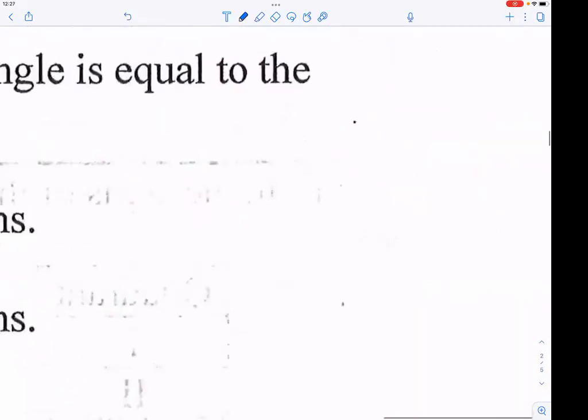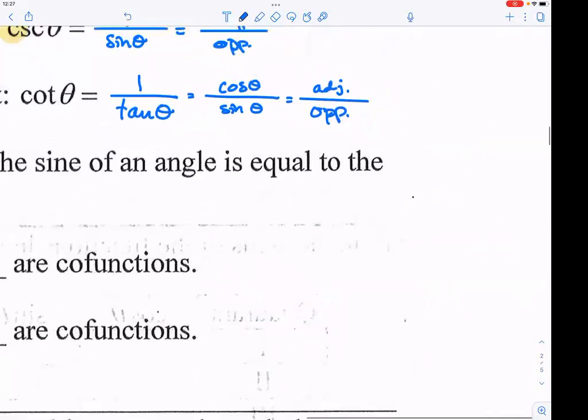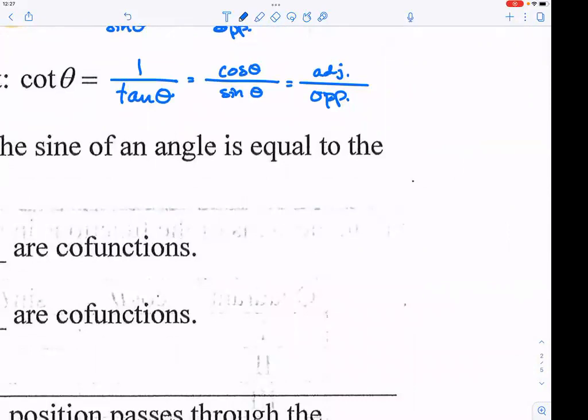What is the angle that gives you the x value of 1/2? 60 degrees, right? When we say 60 degrees, the x value is sine or cosine? It's cosine, right? So if x is equal to 1/2, we can say cosine 60 is equal to 1/2.